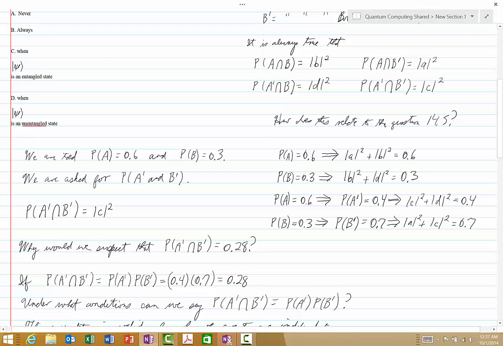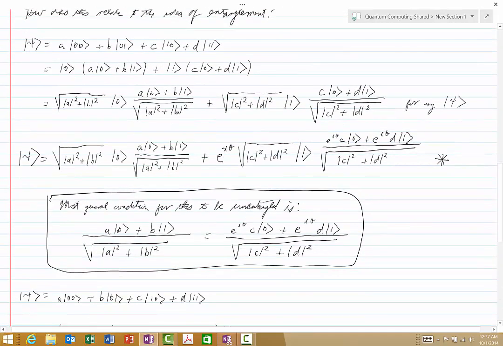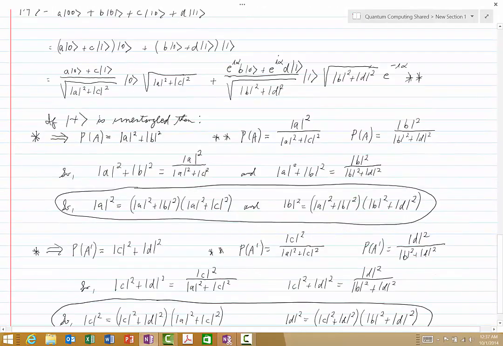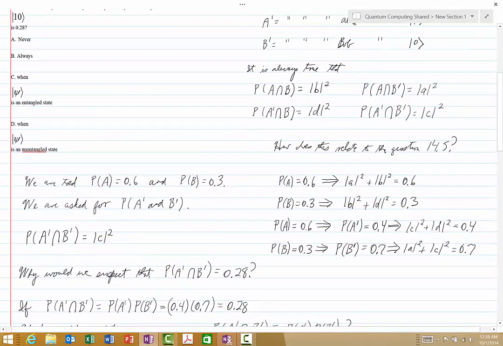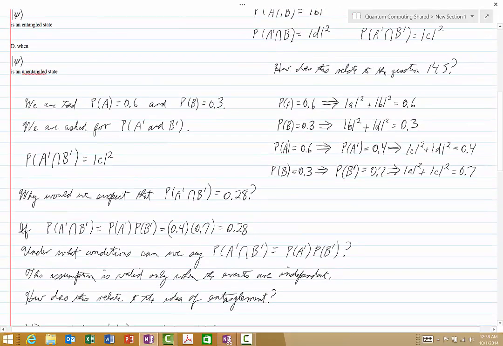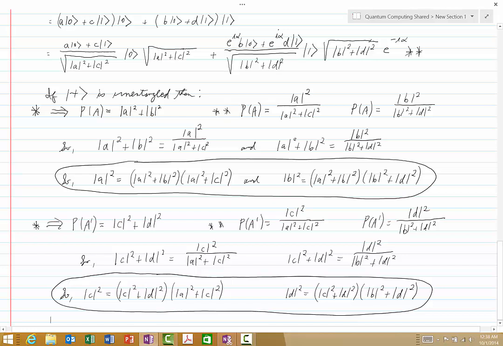If we notice that this is P of A and B, P of A prime and B, P of A and B prime, P of A prime and B prime, if we make all these substitutions below, let's see what we get. Okay, so for the first one, we have magnitude of A squared. When we look above, magnitude of A squared is P of A and B prime. So this is P of A and B prime.